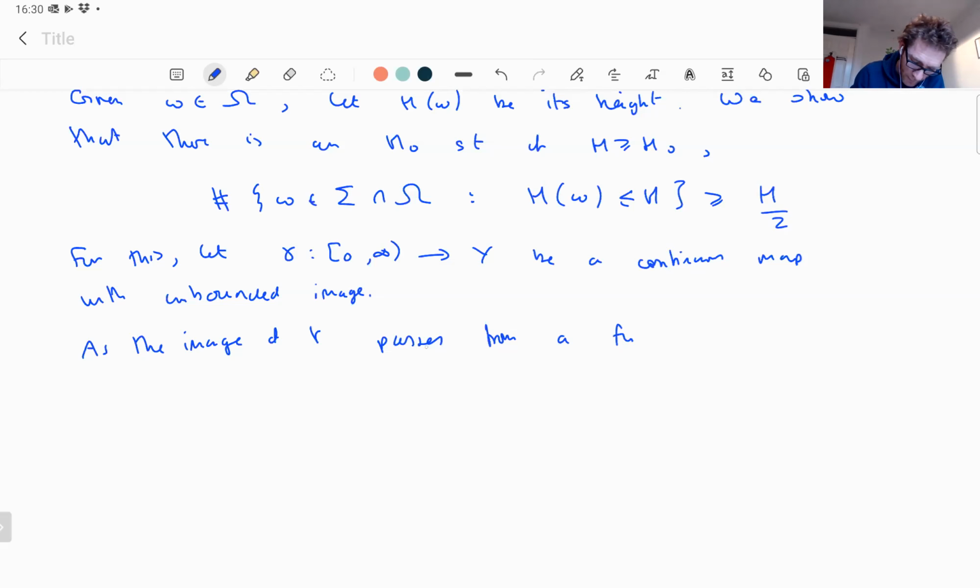Okay, as the image of gamma passes from a fundamental domain f minus omega to another, f minus omega prime, the heights of omega and omega prime differ by at most one.